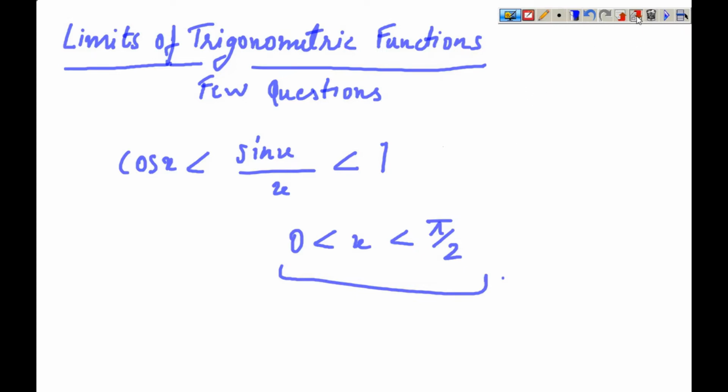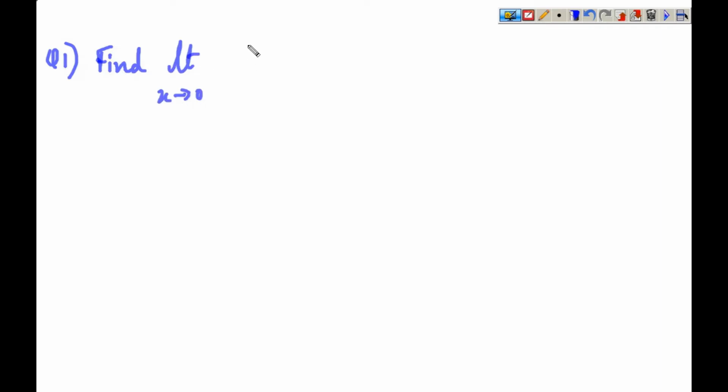So let's begin. Problem number 1 is we have to find the limit as x approaches 0 of sin x by x.